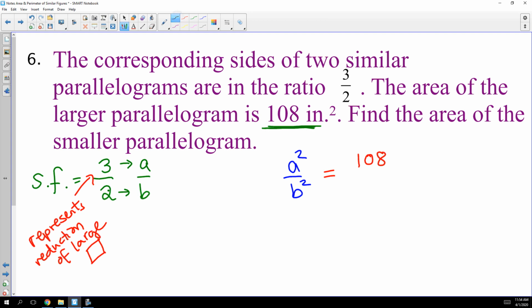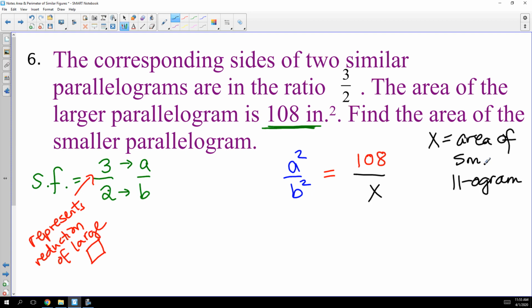And then what we're going to be looking for is x, and x equals the area of the small parallelogram. Just going to abbreviate, sorry. If you ever don't understand my abbreviation, you're going to have to let me know so I can fix that.